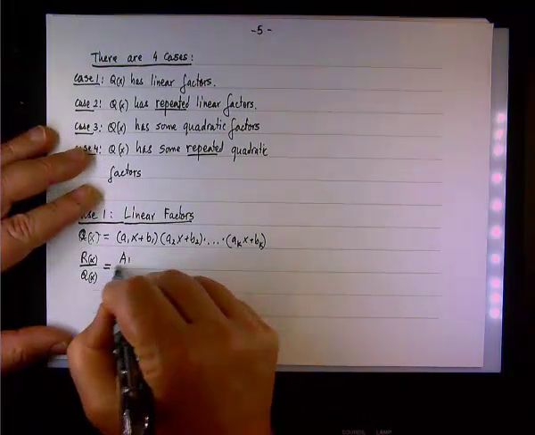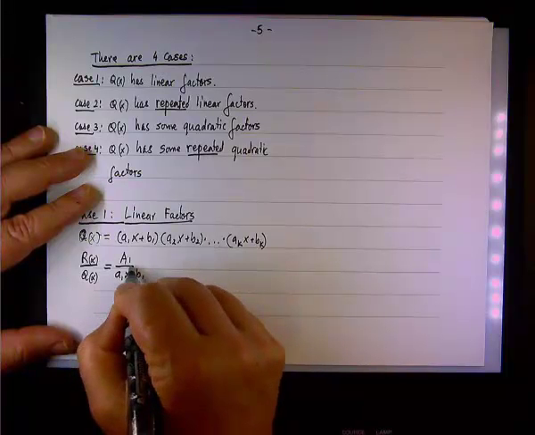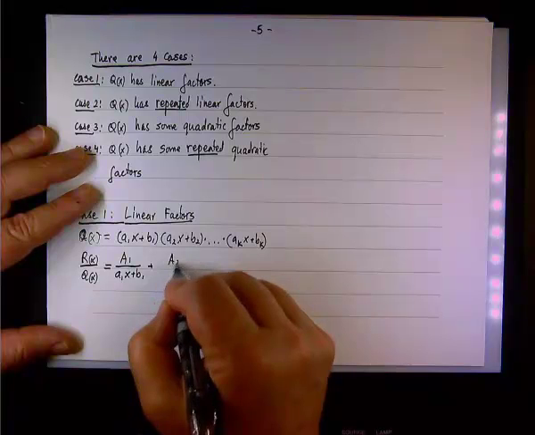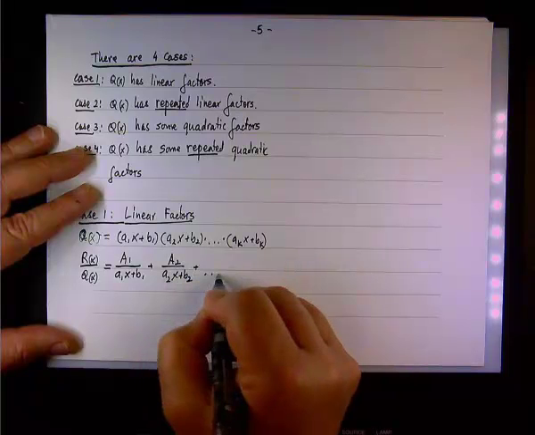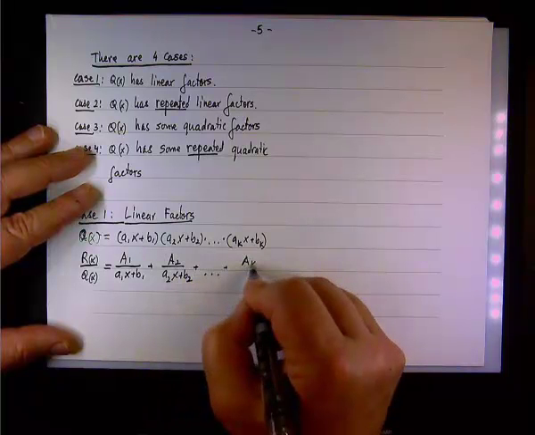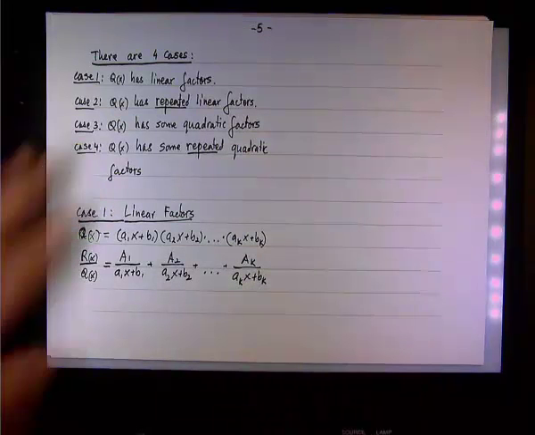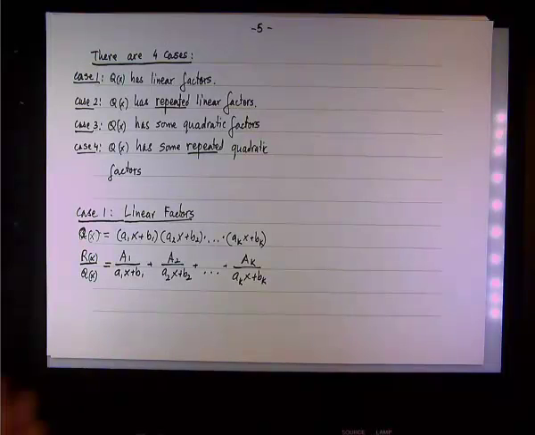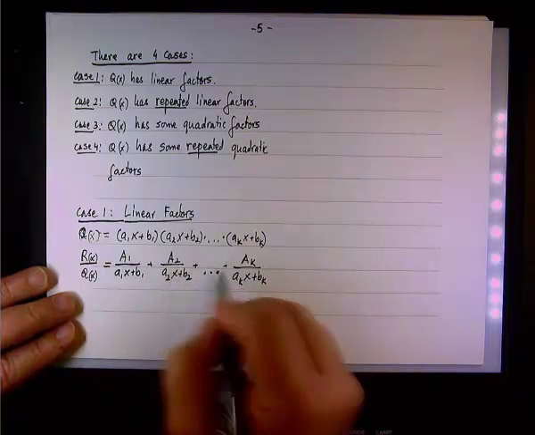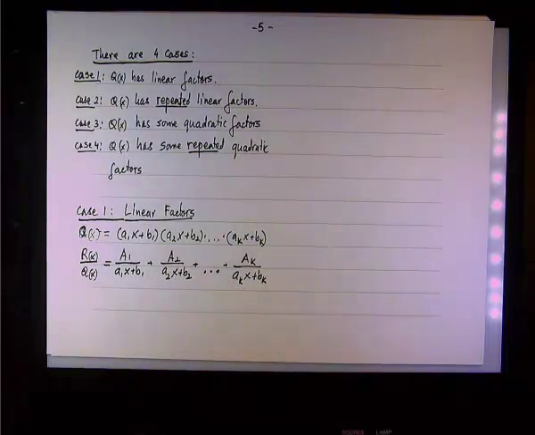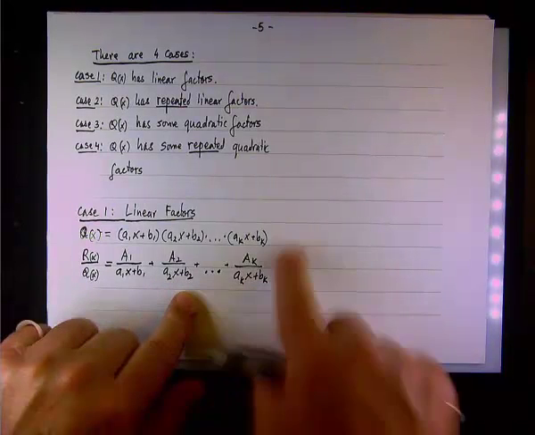We're going to break it down to A sub 1 divided by a sub 1x plus b sub 1, plus A sub 2 divided by a sub 2x plus b sub 2, plus dot dot dot A sub k divided by a sub kx plus b sub k, where uppercase means the numerator of each partial fraction and the denominators, the factors, are denoted with lowercase.